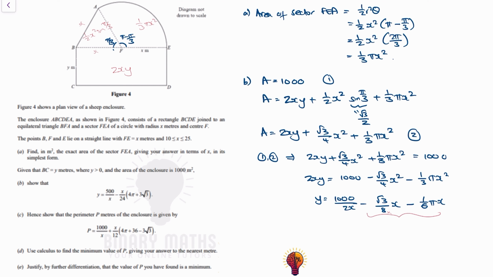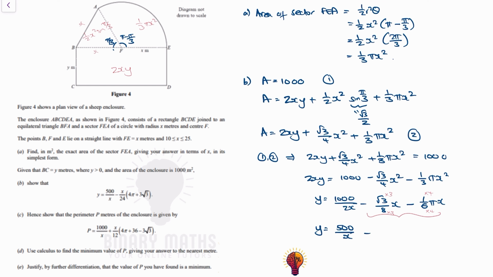So I need to times 8 and 6. The lowest common multiple is 24. So I need to times this one by 3, and this one by 4. Looking at the first term, I get 500 over x, which looks good because it looks like the first term of my other one.